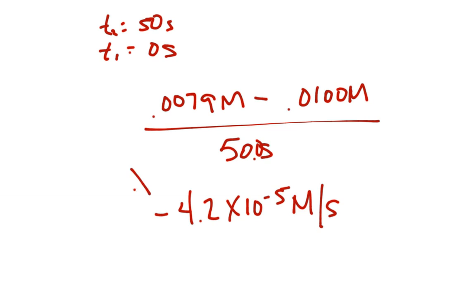Well, now this is what we would expect because the NO2 is decreasing, right? And the NO and the O2 is increasing. Well, it gets kind of messy to have those negatives in there. So when they set this up, the general rate law that they're going to throw a negative in front of that to get rid of that negative.